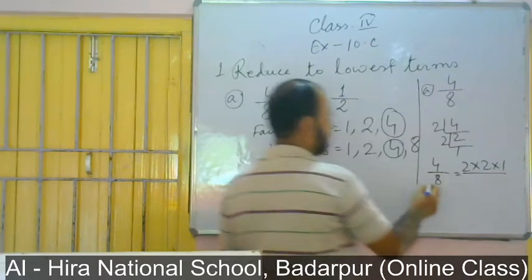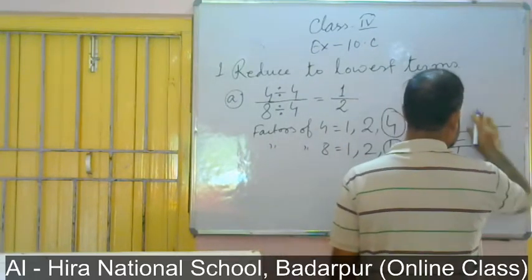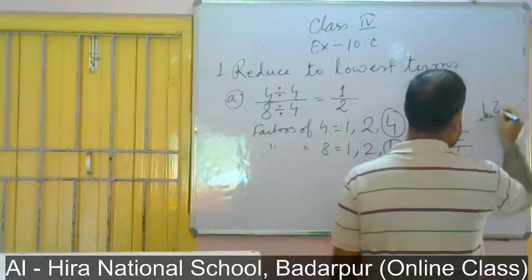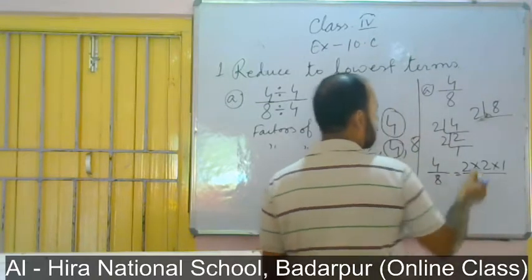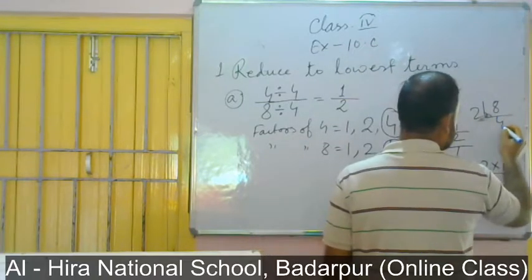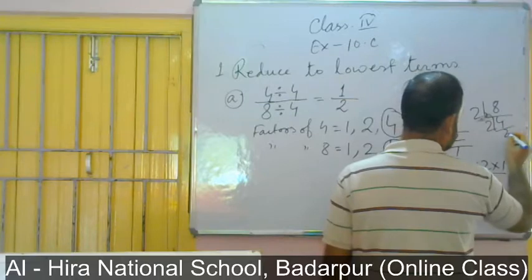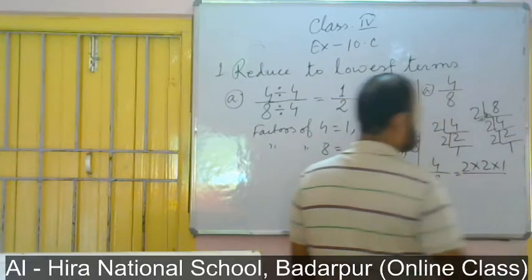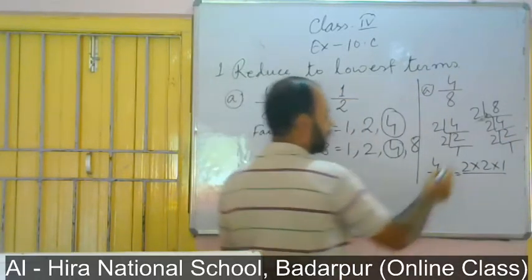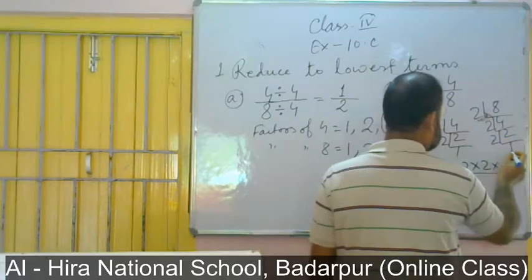Next, the prime factors of 8: 2 fours are 8, 2 twos are 4, and 2 ones are 2. So we get 2 into 2 into 2 into 1.